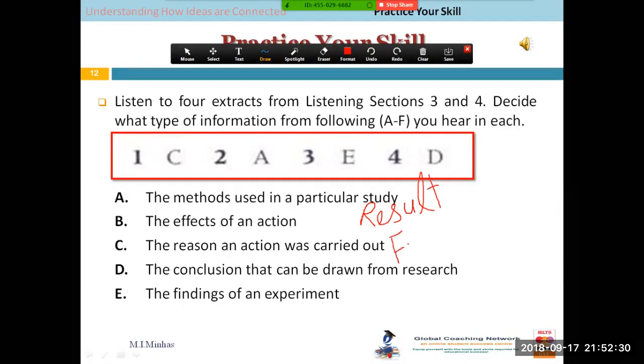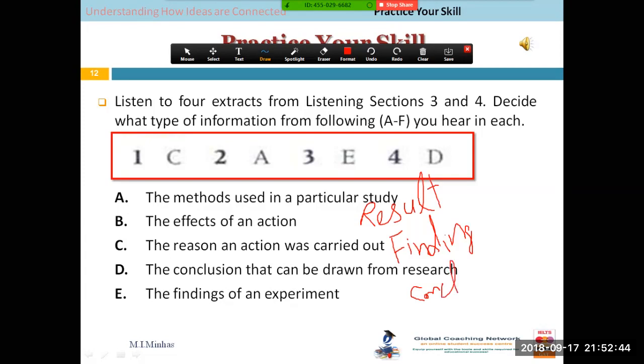Generally speaking, this finding is something in between result and conclusion. Okay? Finding and then conclusion. Right, sorry, this is conclusion, please don't mind. My conclusion is a little bit shaky. It's not a firm conclusion.